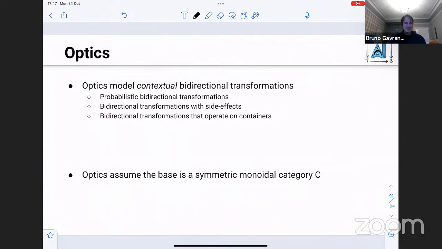So this is a more general form of modeling bidirectional transformations. And among other things, it includes probabilistic ones. This was the whole reason why you mentioned the category of Markov kernels, because this is a category that can be modeled with optics. So it's a very general kind of machinery. And unlike lenses, it does not assume a Cartesian category.